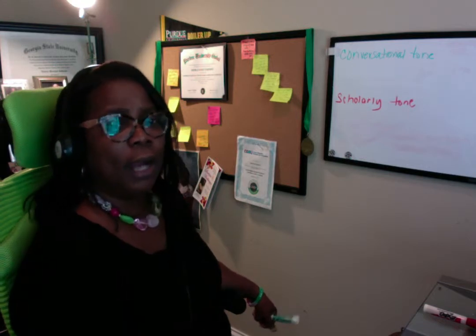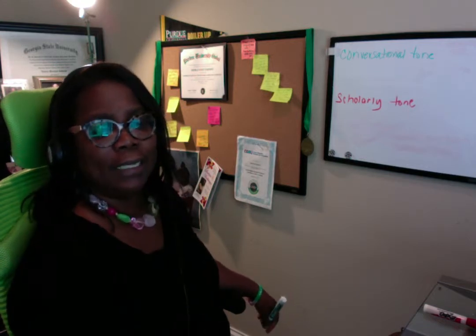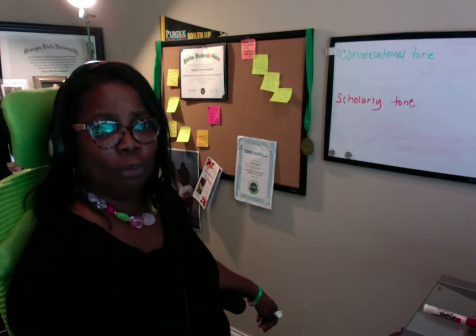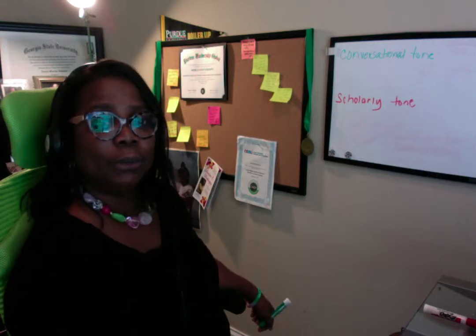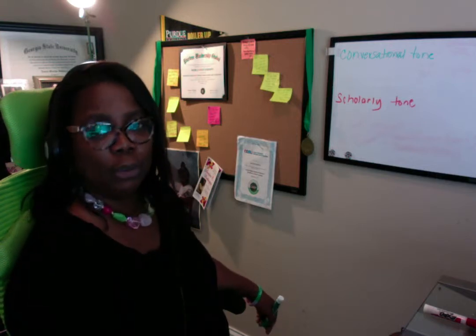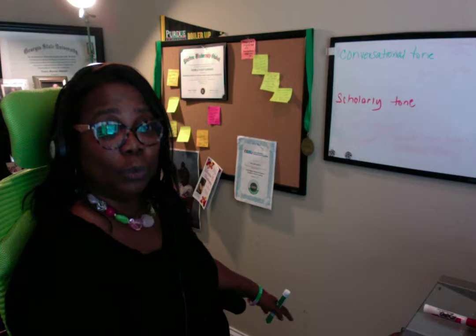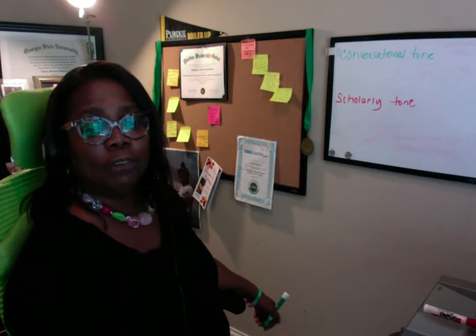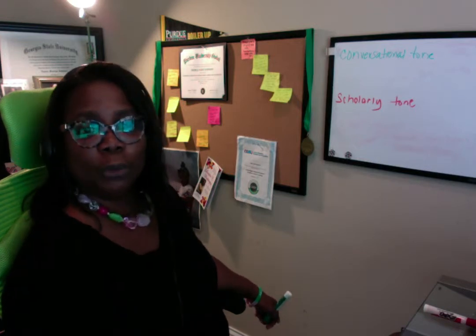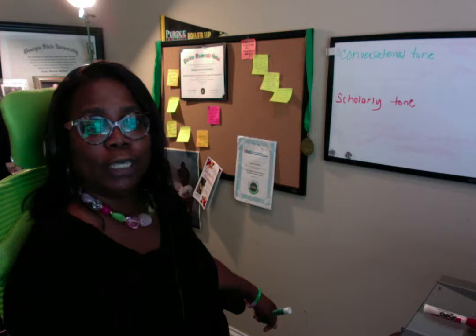In conversational tone, it is a less formal form of writing. It is connecting with your readers on a more emotional level. So you're having basically a dialogue with your readers. It's a relaxation of the rules, so to speak. You can avoid polysyllabic words, such as use instead of utilize.